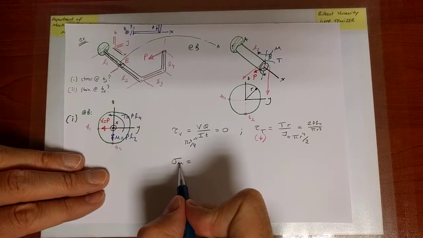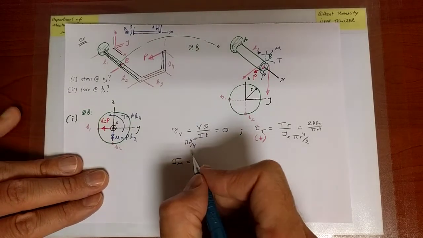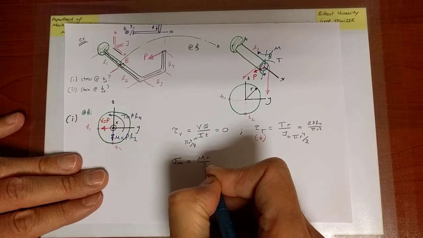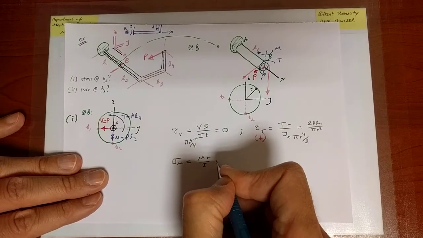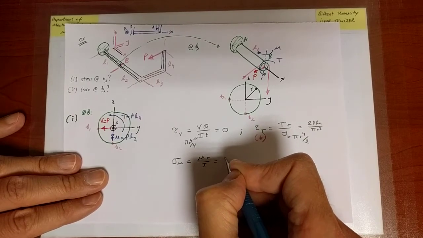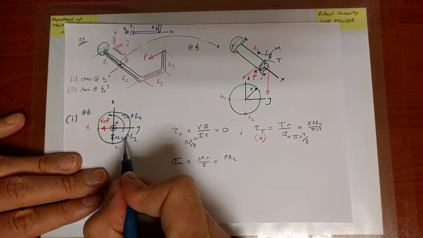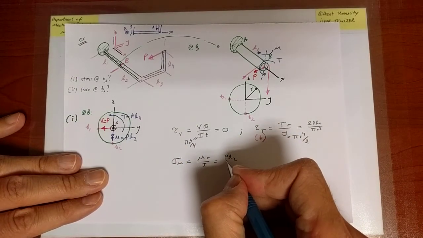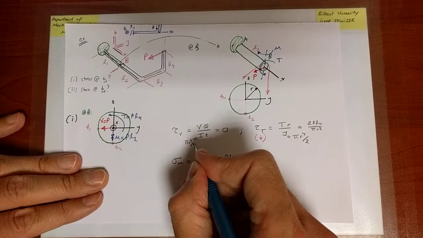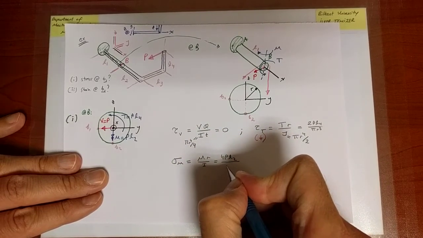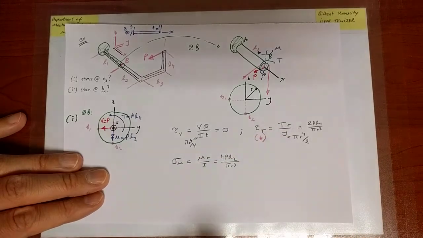In this case, this is just the magnitude, and due to bending, it's going to be Mc over I, or MR over I. There is the value of I, so it is PL2, that's the value of the bending moment, times R divided by πr to the 4th over 4, so it's 4PL2 over πr cubed.